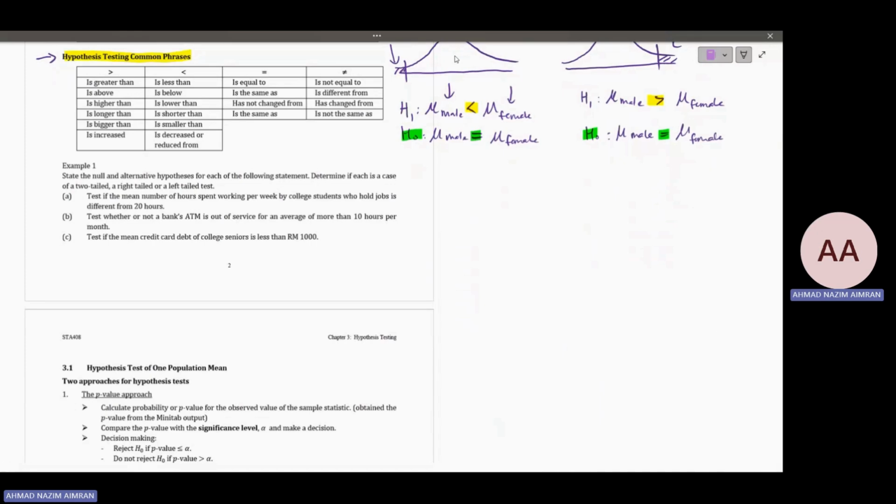State the null and alternative hypothesis for each of the following statements. We just want to write down the null hypothesis and the alternative hypothesis for the situations given by the questions.